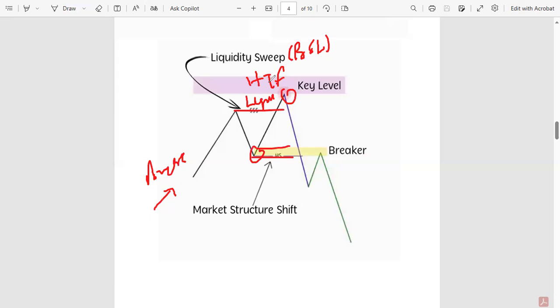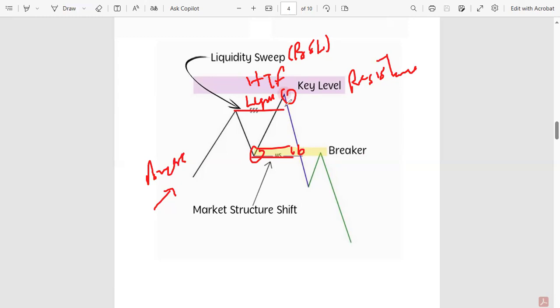But according to the way price is moving, according to the reaction from this key level, you already know that this level is now going to be resistance. It's a resistance point. So if it's a resistance point, it means price is going to change direction from bullish to bearish, which means the area that we marked as our bullish order block here is going to be disrespected.